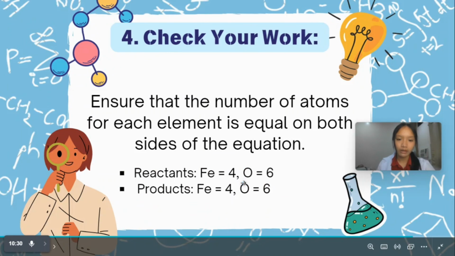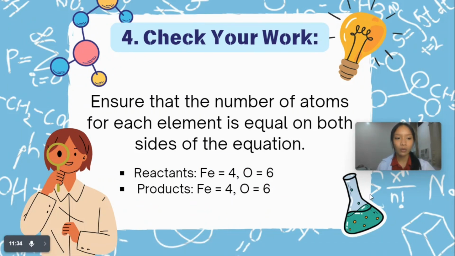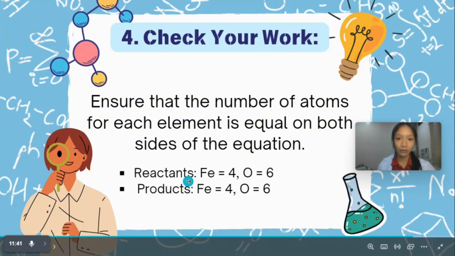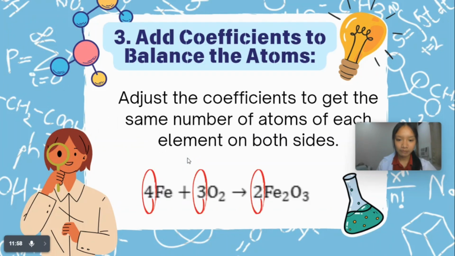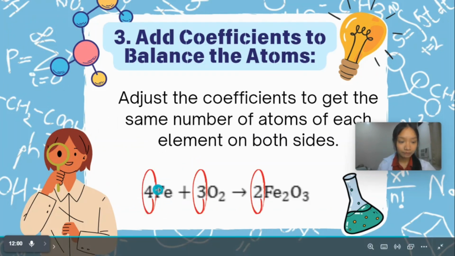In the balancing process, we need to ensure that the number of atoms of each element is the same on both sides of the chemical equation. Let's go through the steps to balance the given chemical equation. First, multiply the coefficient 4 by the subscript of iron, which is 1.